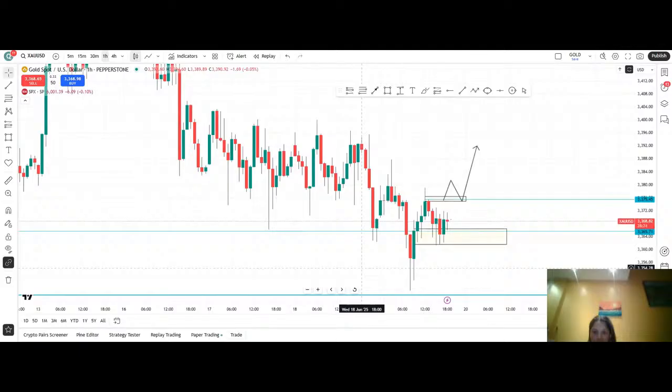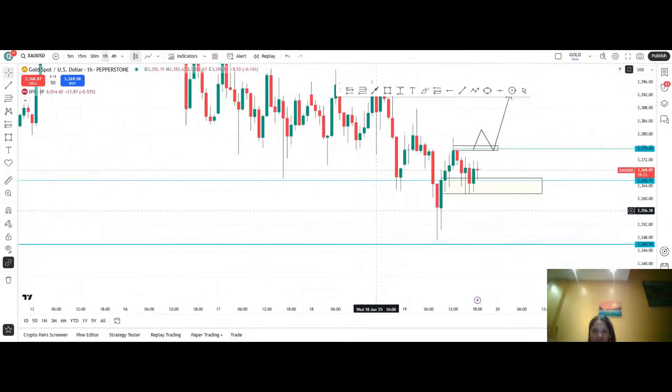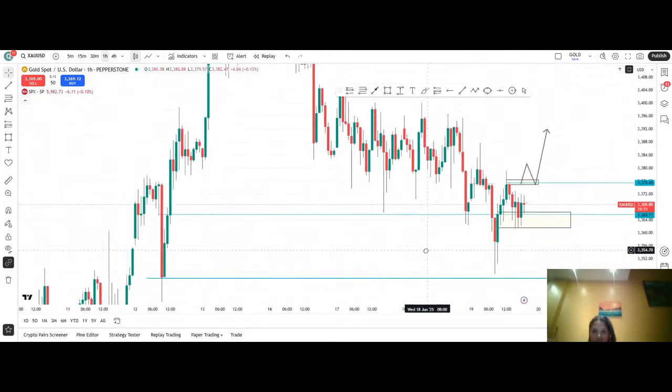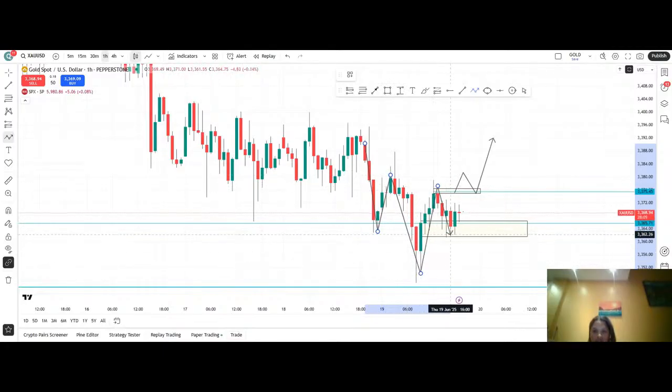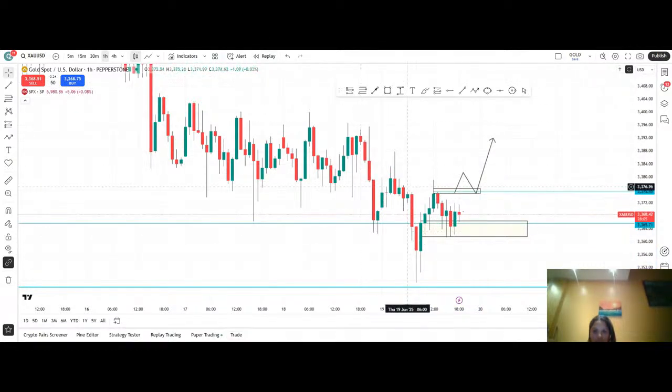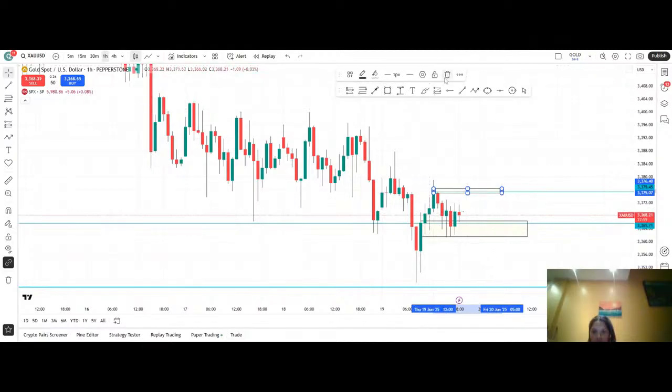So we might be sitting in a reversal. Like I just showed you, I see this one leg, here's the head, and it could be that this is busy forming a reversal pattern, an inverted head and shoulders pattern.